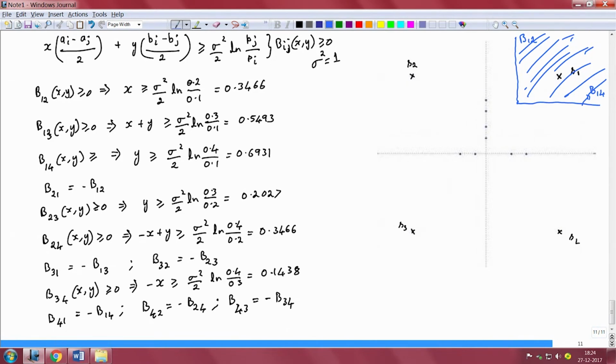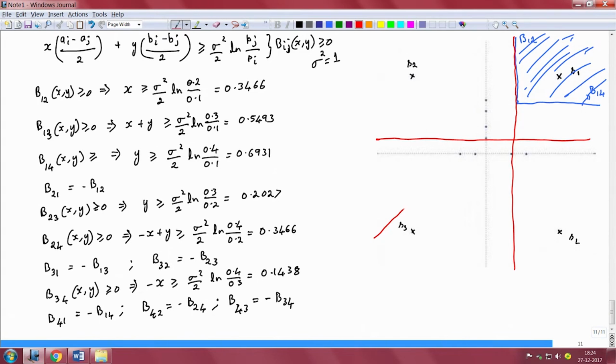Now, similarly we can continue this for S2. So, between 1 and 2 we have this boundary that is already present, and between 2 and 3, we have it is greater than 0.2027. So, it is going to look like this, and between 2 and 4 it is minus x plus y is 0.3466.